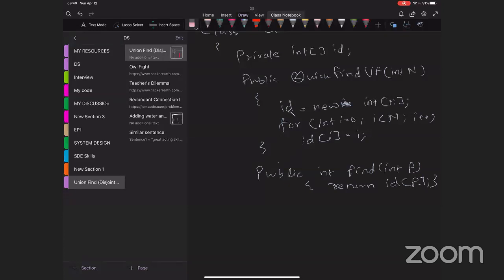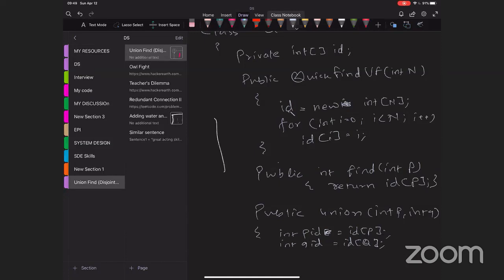And then union. We said that when we connect two, we go through the whole array and replace one with another.